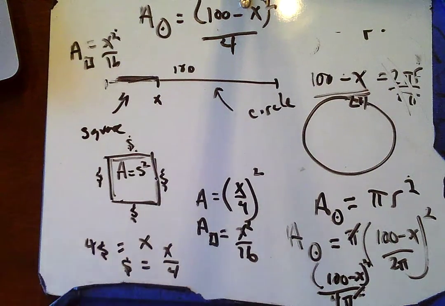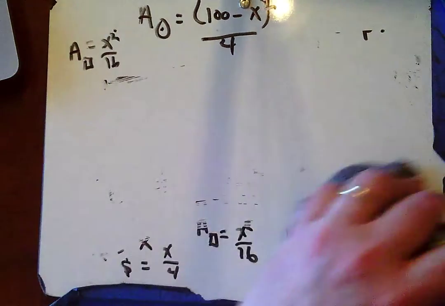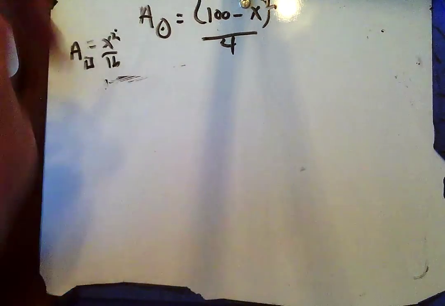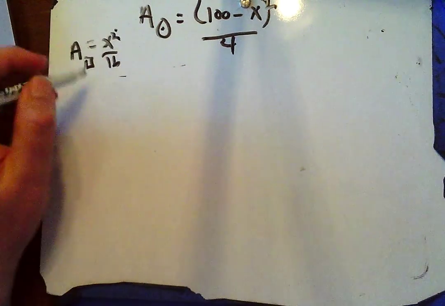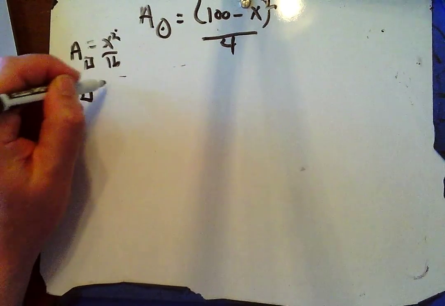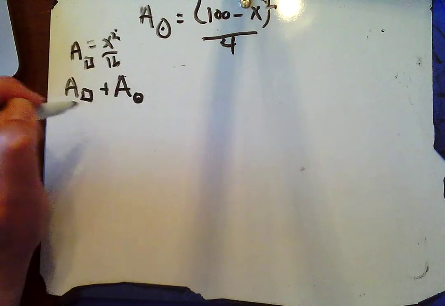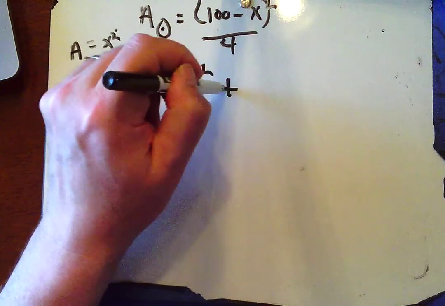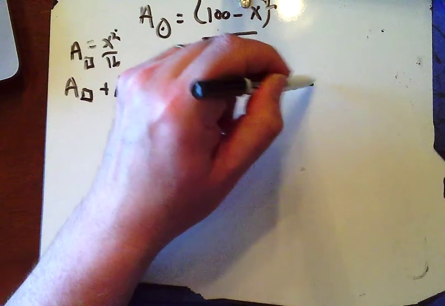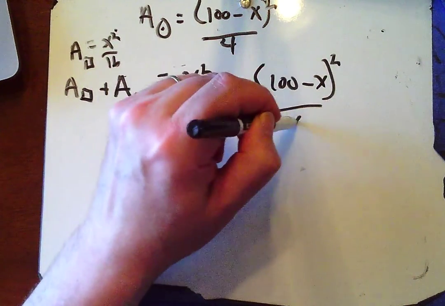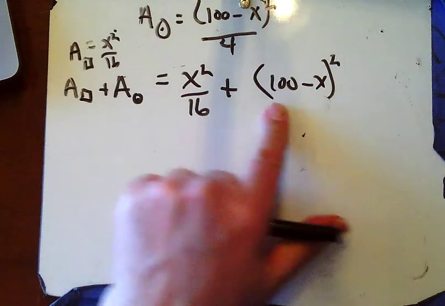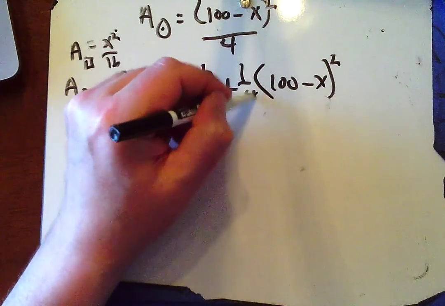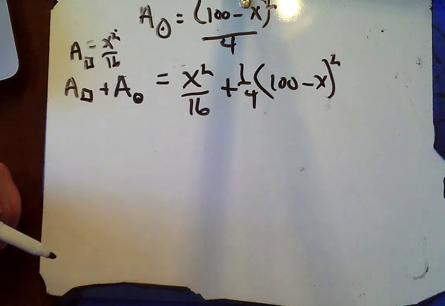Okay? Okay, so let's think about combined area. Combined area is going to be the area of the square plus the area of the circle. And that's going to be x squared over 16 plus 100 minus x squared over 4. And instead of making that a fraction, you might want to bring that 1/4 out in front like that.